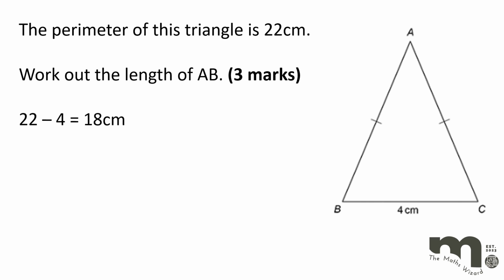So we already know that the total perimeter is 22, and we know that the base is 4, so we're left with 18 centimeters. Now the clue for this is we've got these little lines here. These lines indicate that this is an isosceles triangle. So what that means is both of these sides will be equal. So the 18 centimeters that's left has got to be divided equally between those two sides. So side AB will be 9 centimeters.